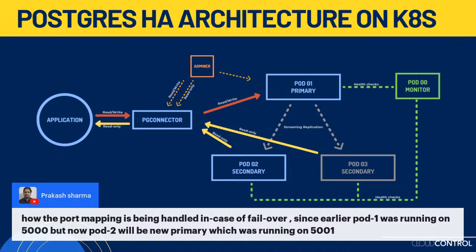So it is just doing the load balancing, but it needs information on which Postgres pod to expose on 5000, which is the read write port, and which one to expose on 5001, which is the read only port.